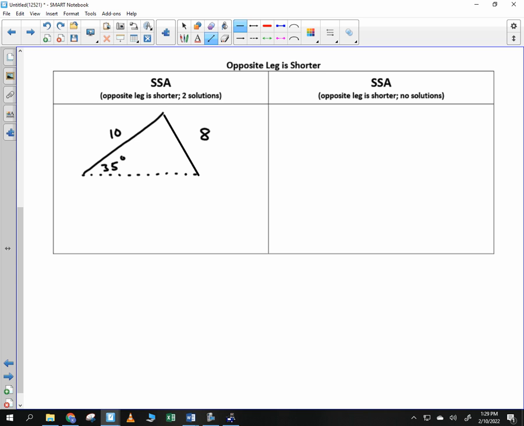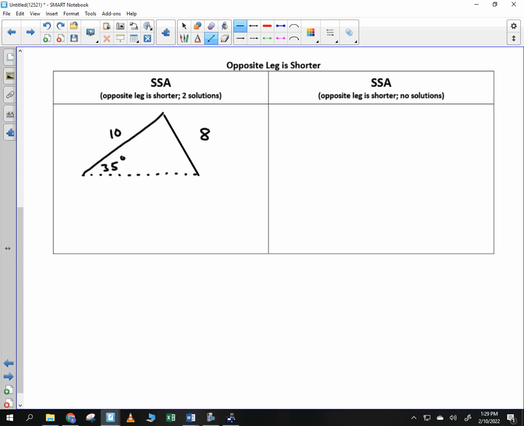You'll see why I drew the dotted line here in a second. When you look at that triangle, can you convince yourself that that is a side-side angle triangle? It looks reasonable, 35 degrees, 10, and 8.